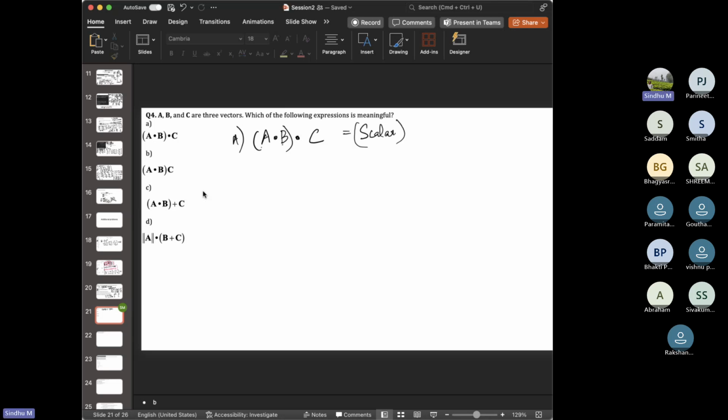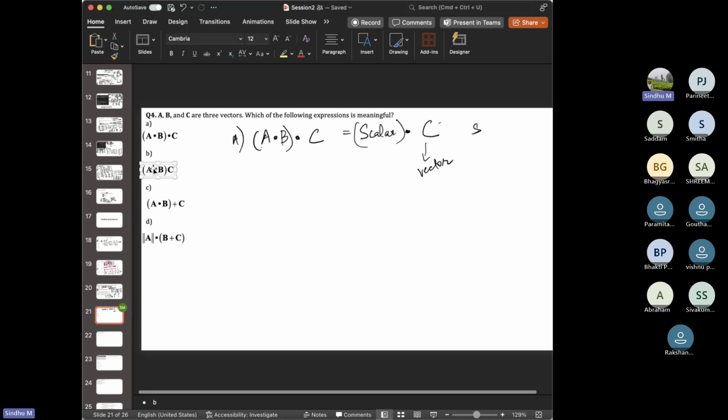So it is not possible, a scalar and vector dot product is not possible. Dot product is between two vectors, but here we are getting the dot product of a scalar and a vector, so it's not meaningful. So option A is not correct.